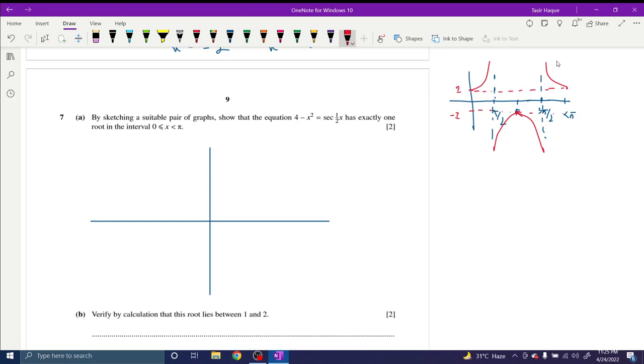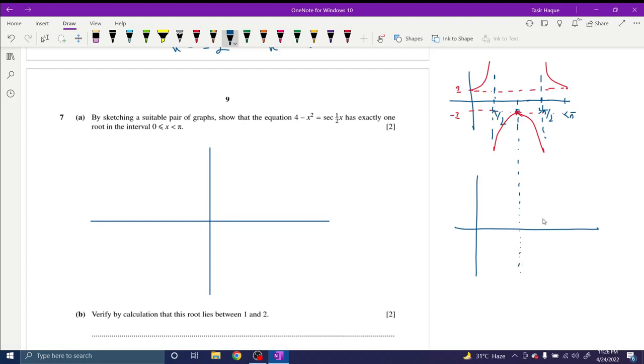So what happens when we draw sec half x? We know that when you halve the frequency, it's going to take double the time period. So everything's going to be the same, it's just that everything is going to take twice the angle to complete. Now the asymptotes are going to shift to double the position of where they were initially.